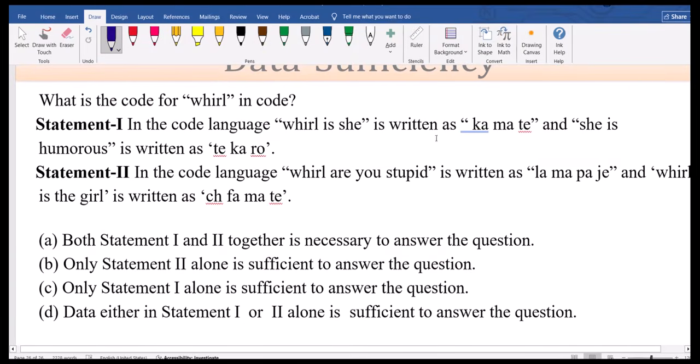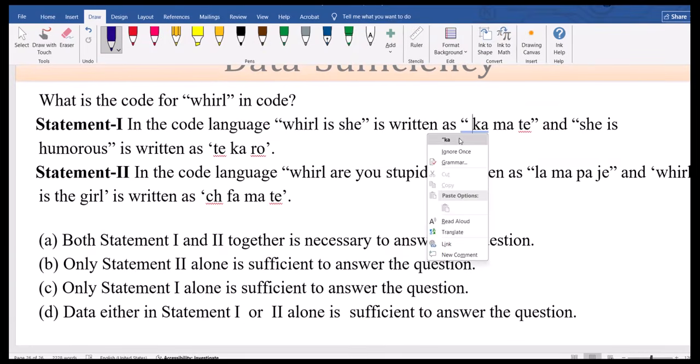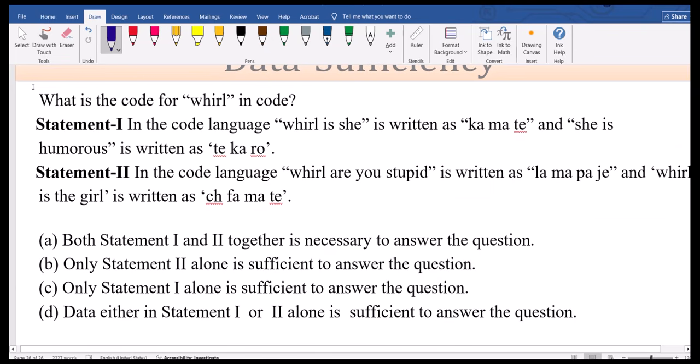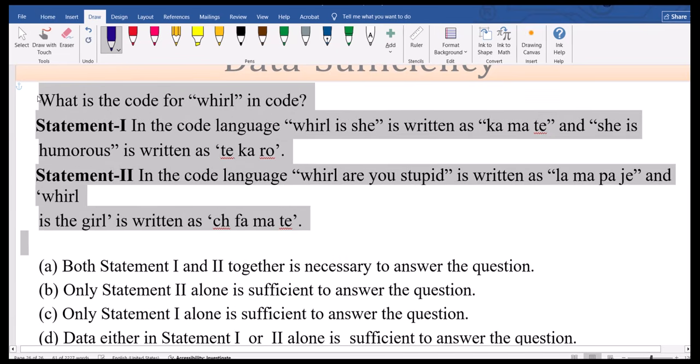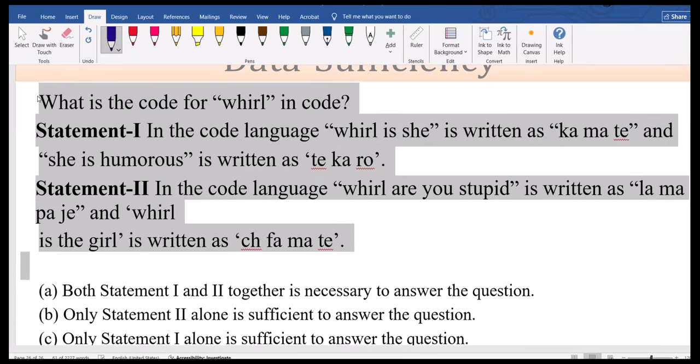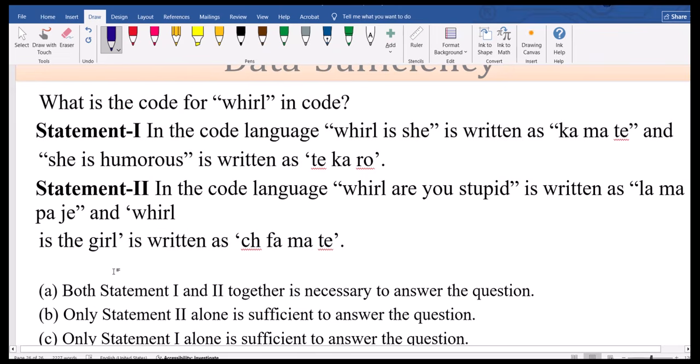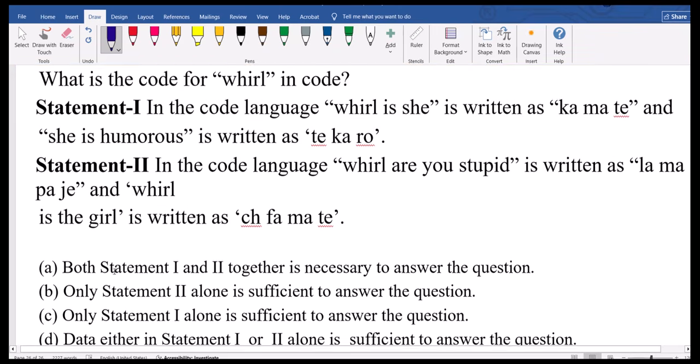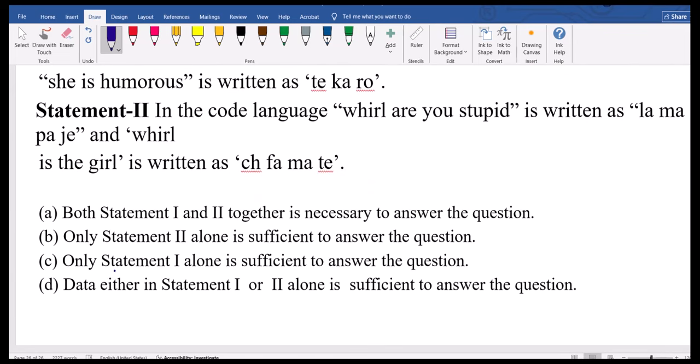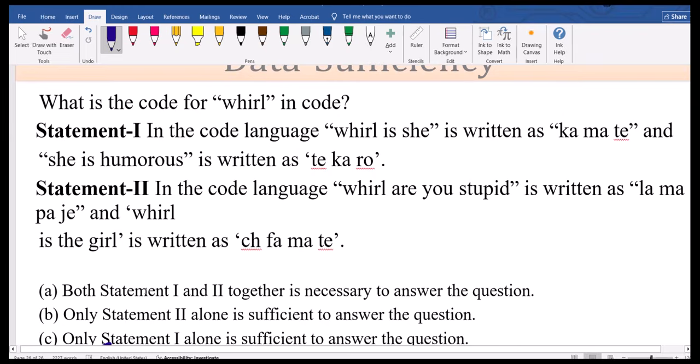I think this one also we addressed already. What is the code for this answer? Either one or two, because in the first one, I can find it from one alone.